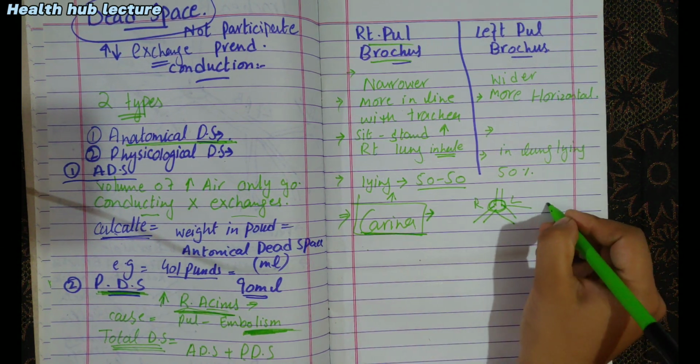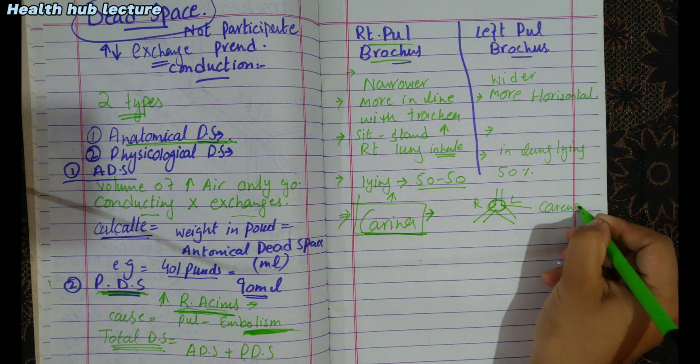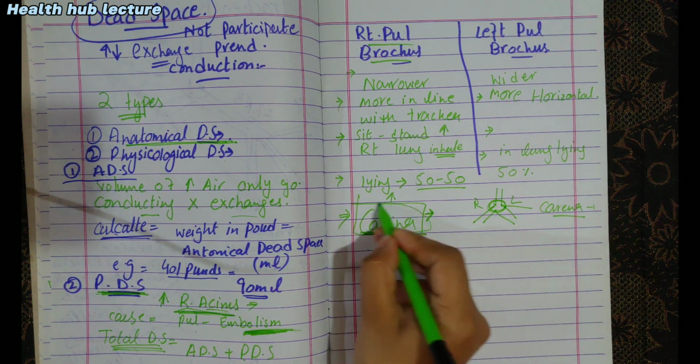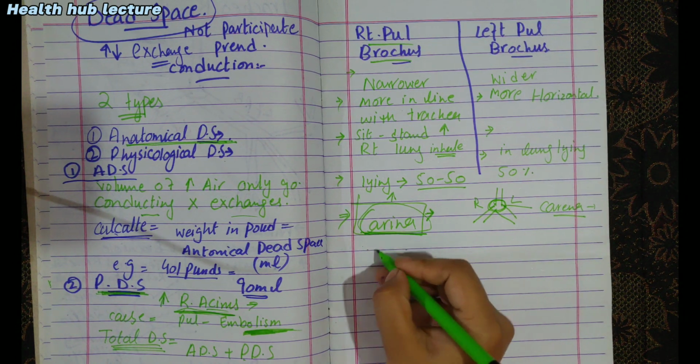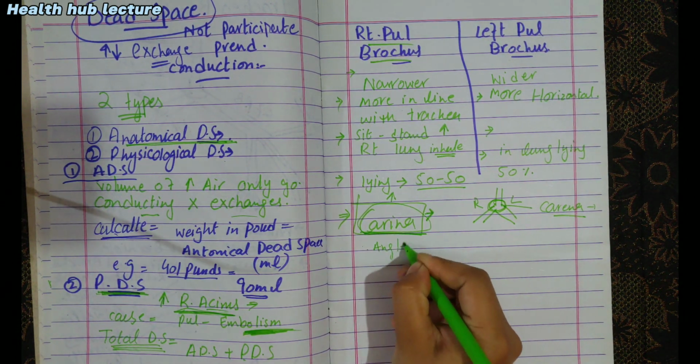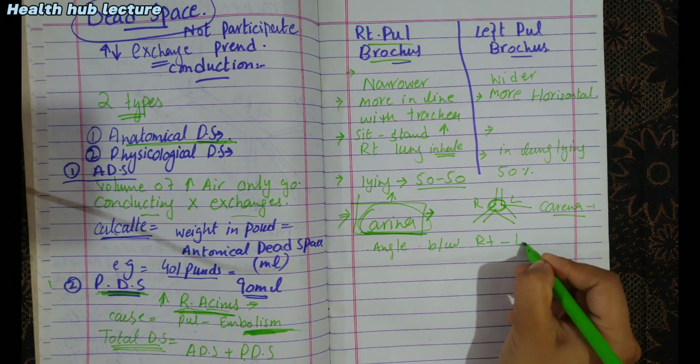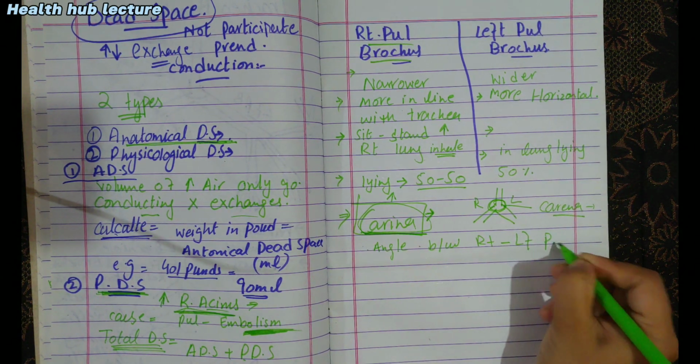Basically it is the carina. It is the angle between the right and the left pulmonary bronchus.